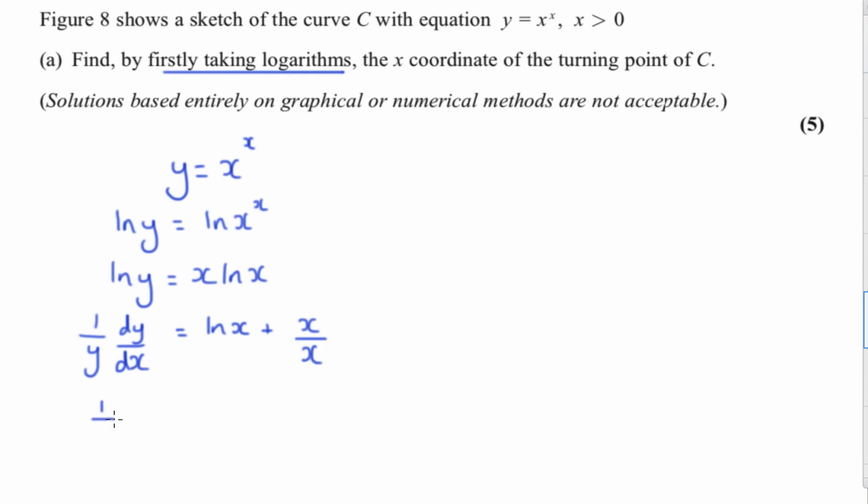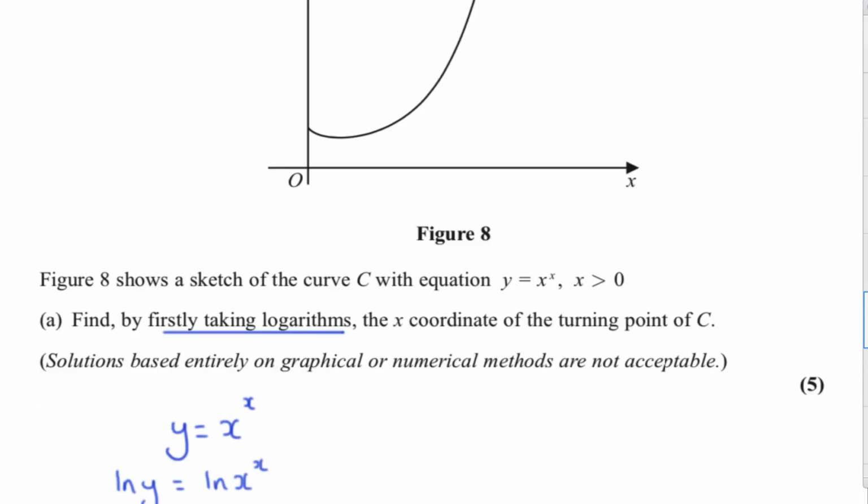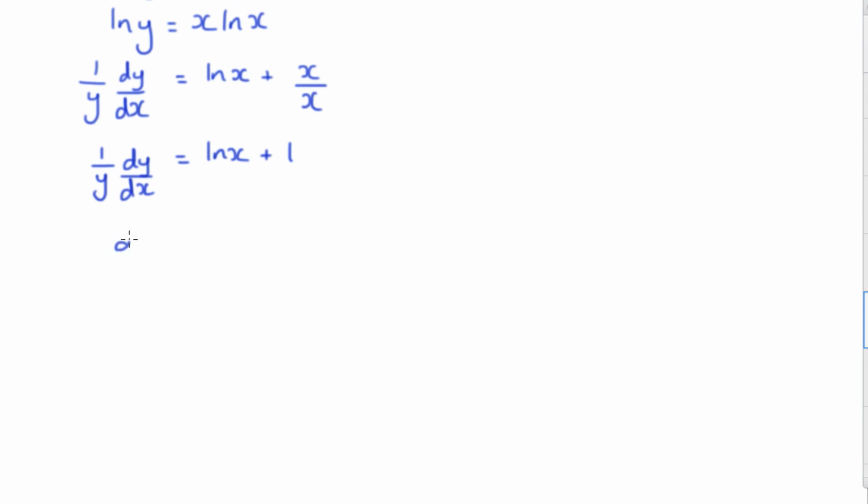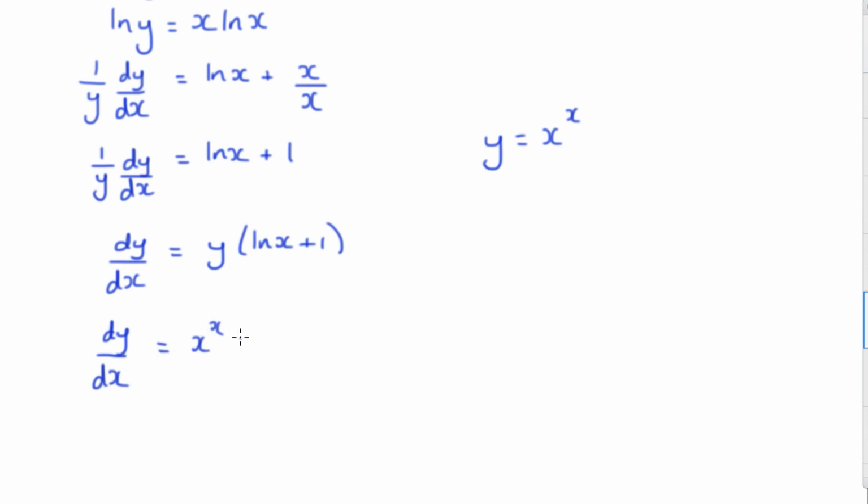So 1 over y dy by dx is equal to the natural log of x plus 1, which means dy by dx is equal to y times the natural log of x plus 1. But we know that y is equal to x to the power of x. So dy by dx is equal to x to the power of x times the natural log of x plus 1.